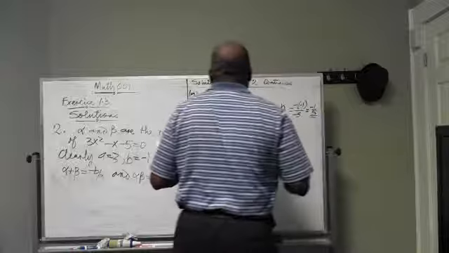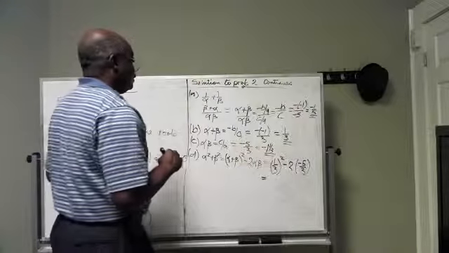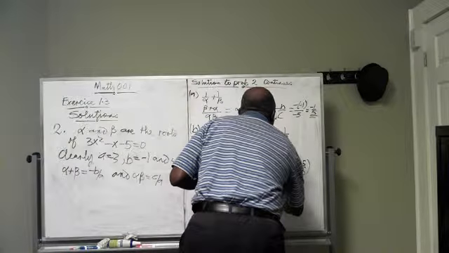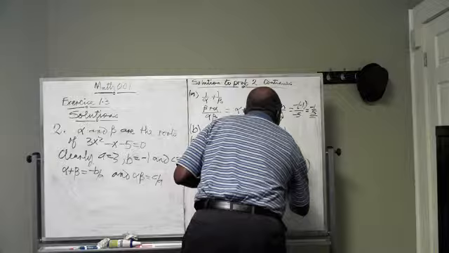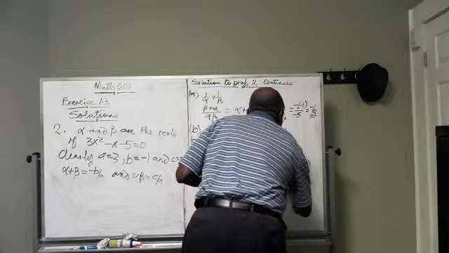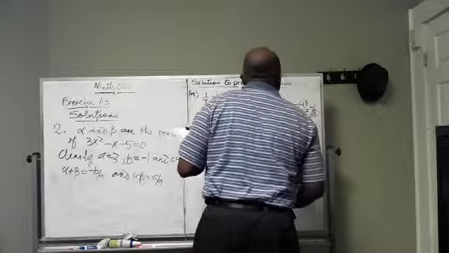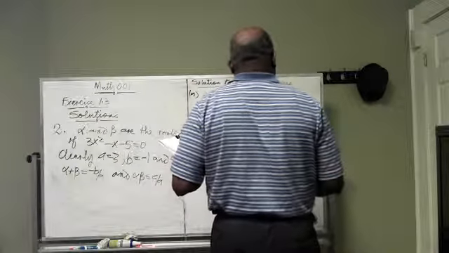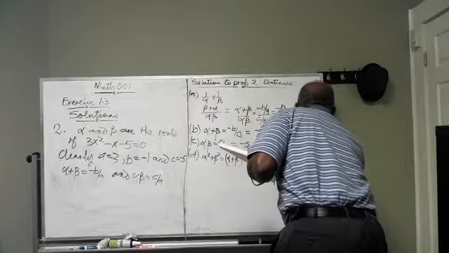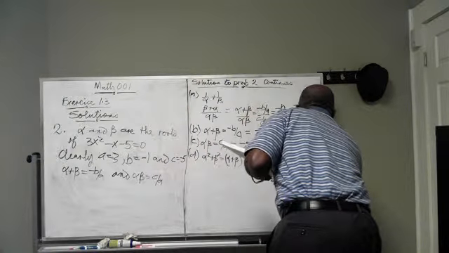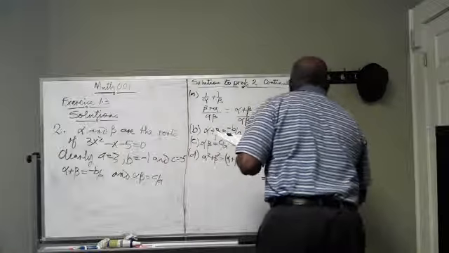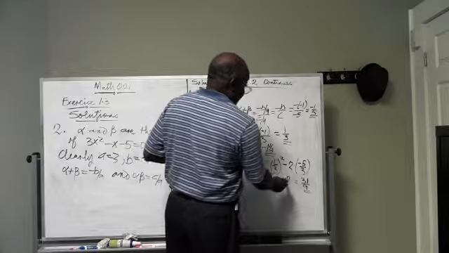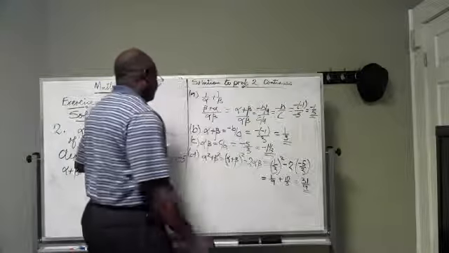This gives us 1 over 9 plus 10 over 3, which upon simplifying further will give us 31 over 9. We could leave it at that. 9 is common here, so 9 goes into 3 is 3, and that gives us that.